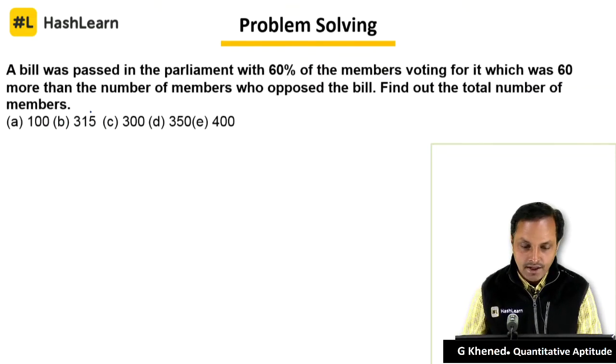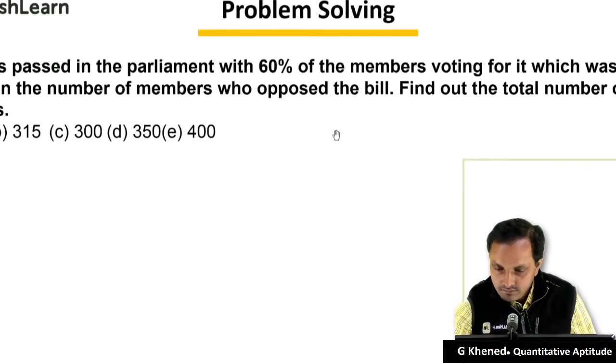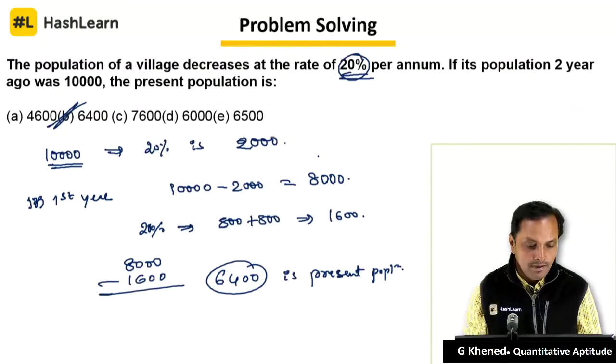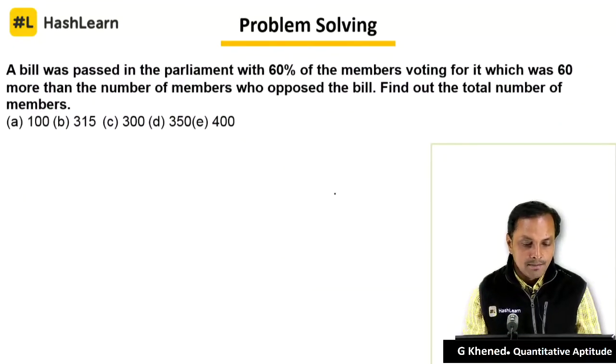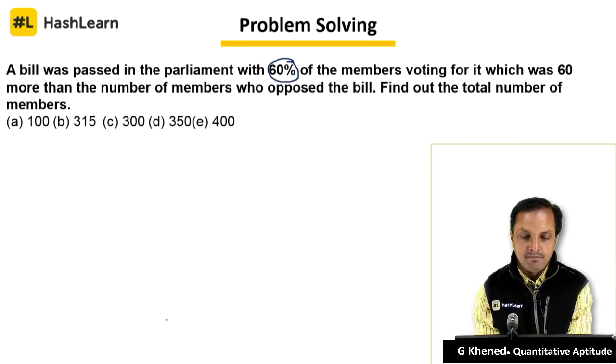Okay, let's go to the next question. A bill was passed in the parliament with 60% of the members voting for it, which was 60 more than the number who opposed the bill. See here, 60% of the members.